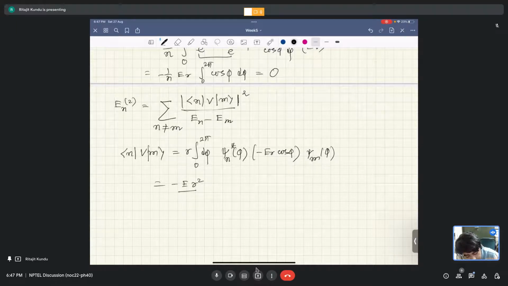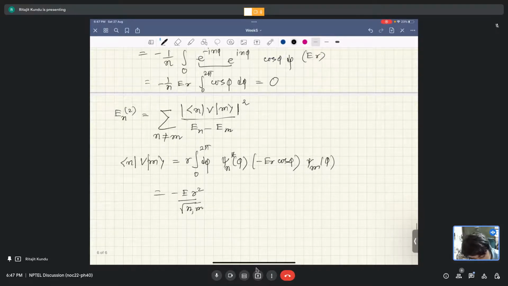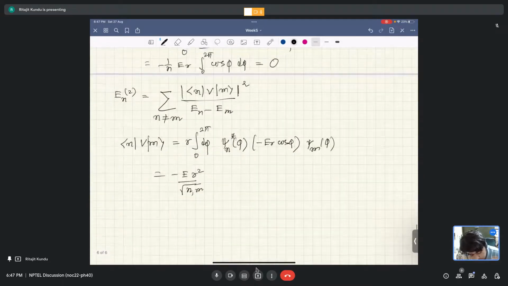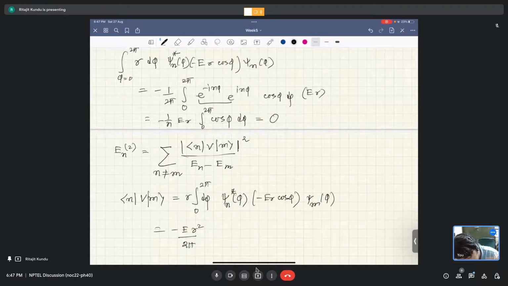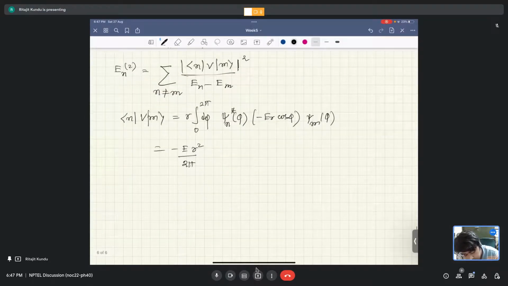There is square root 2 pi, so this is just 2 pi. Here also it should be 2 pi. Then we are left with e to the power minus i n phi, e to the power i m phi, and cosine of phi.